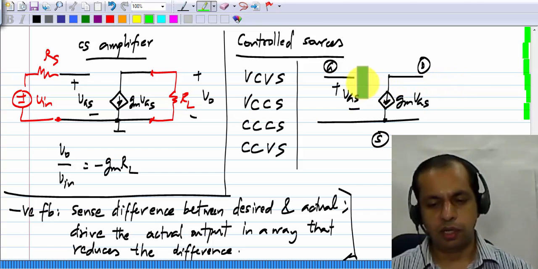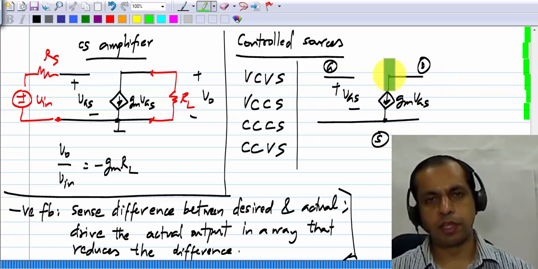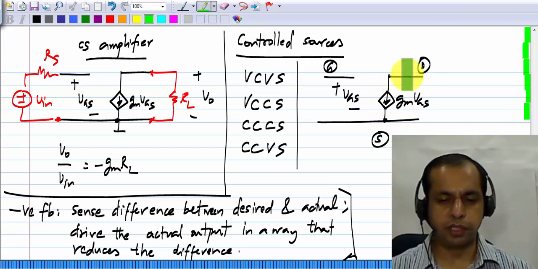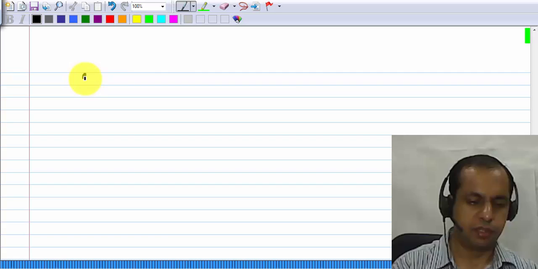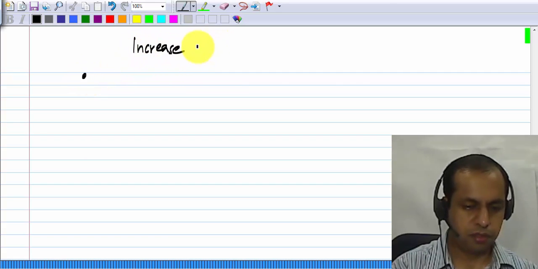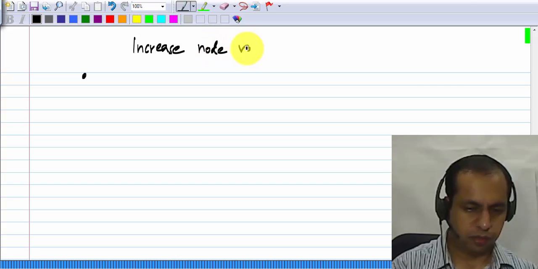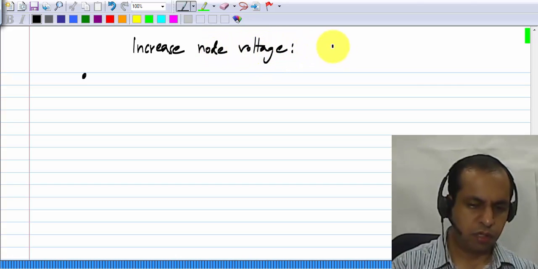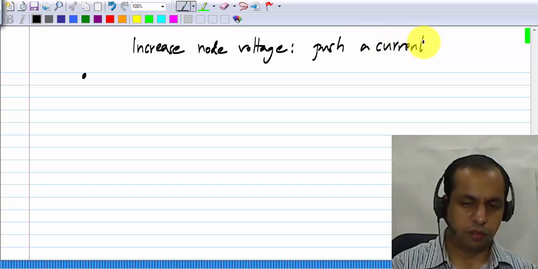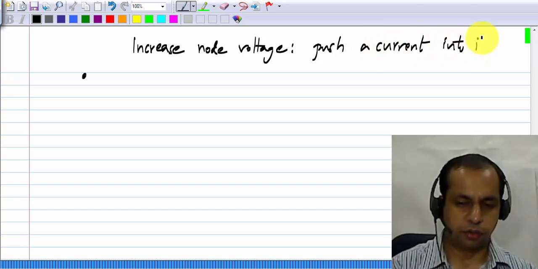How do we do that? The MOS transistor by itself is a current source, that is a controlled current source. We can still control voltages with it. So if you want to increase the node voltage, you have to push a current into it.